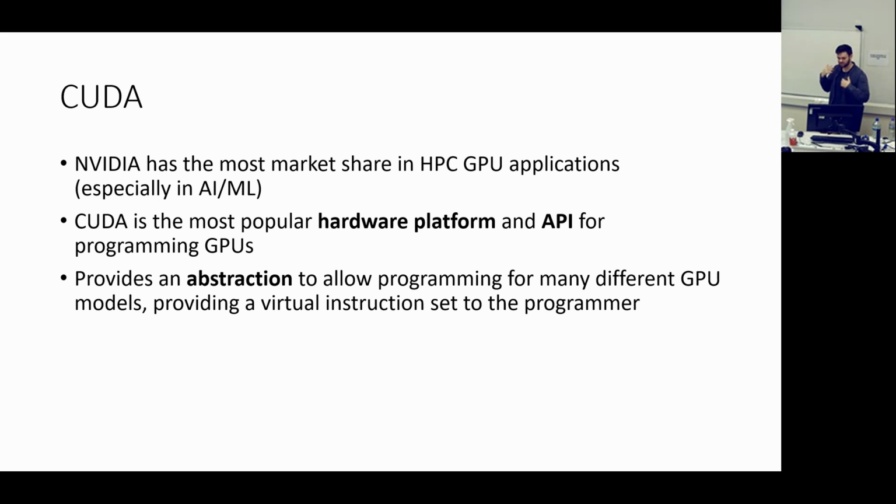So CUDA is basically an abstraction. It's a method that you can use to program for a GPU without having to think about the exact specifics of the particular graphics card you have. Each year they release a new generation, and you don't want to have to rewrite all of your code to run on new GPUs.